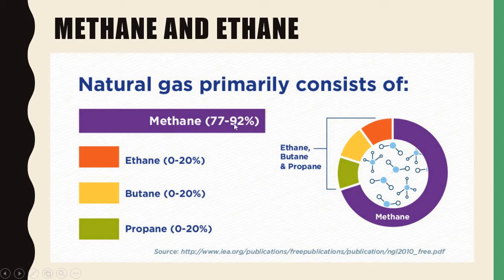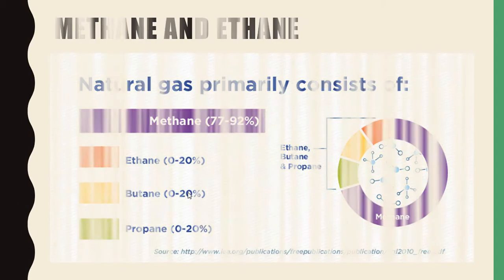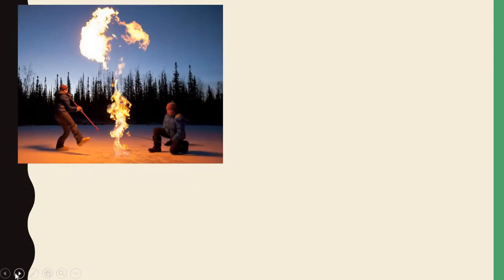Methane is 77 to 92% of the natural gas, while ethane, butane, and propane range from 1 to 20% of the natural gas. Here is an example of methane coming out from the ice sheets in the north, and they use it in order to produce fire.